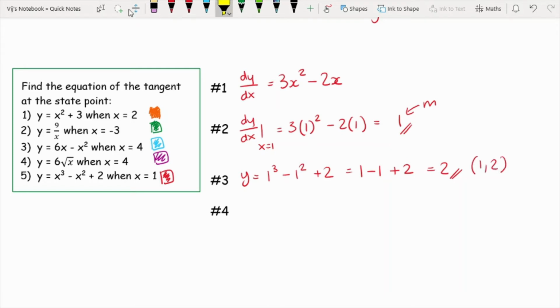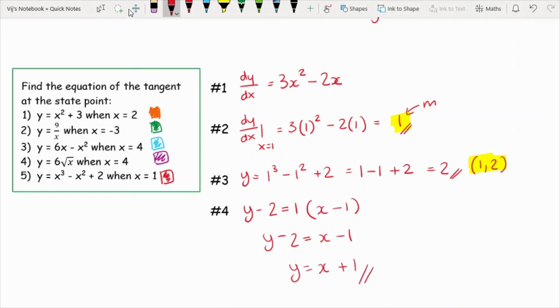So using this as my step 2, my gradient, and step 3, my coordinate, I then just have to substitute this all into my equation of a line. So I've got y minus 2 equals 1(x minus 1), and then just expanding the brackets out. So let's get rid of that equals and do it a little bit slower. Equals x minus 1, and then lo and behold, the final equation is going to be y equals x plus 1.